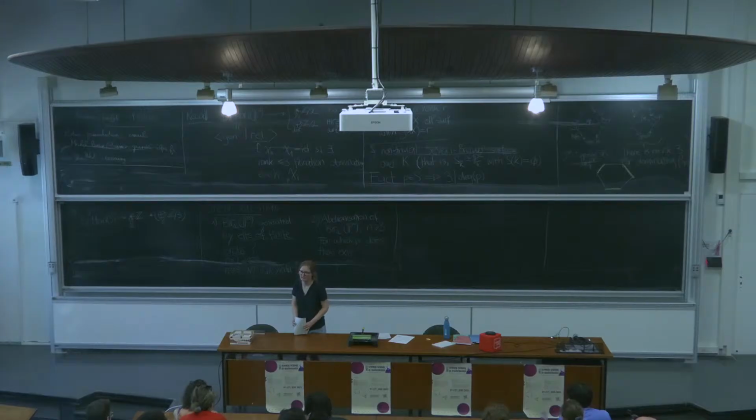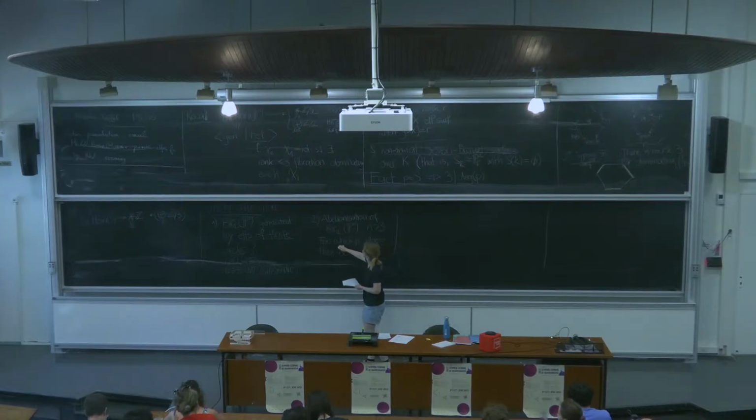When people ask me these questions, sometimes I say yes and sometimes I say no, but I guess it depends on my mood or something. So the question is, for which p does there exist p-torsion in Cremona n over k.